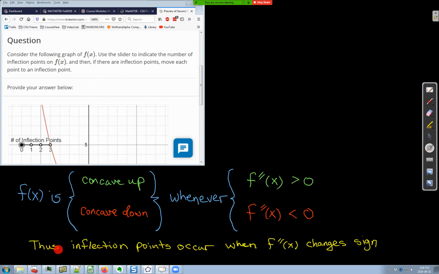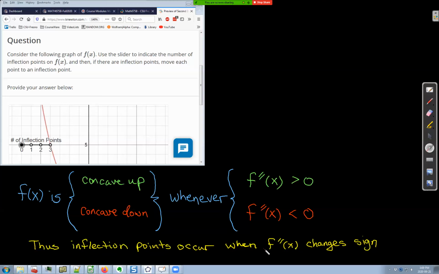And that means inflection points occur whenever the second derivative changes sign. Because if the second derivative changes sign, you're changing from concave up to concave down or vice versa. And that's what an inflection point is: a place where the function changes concavity.